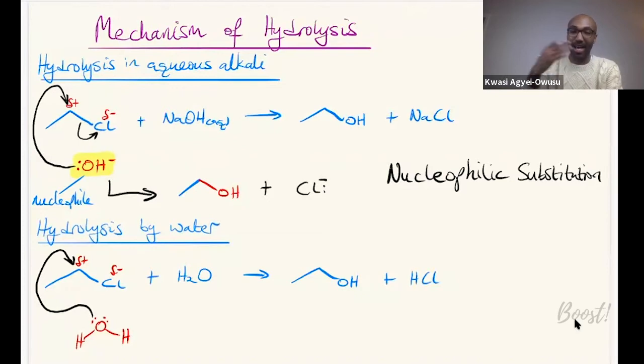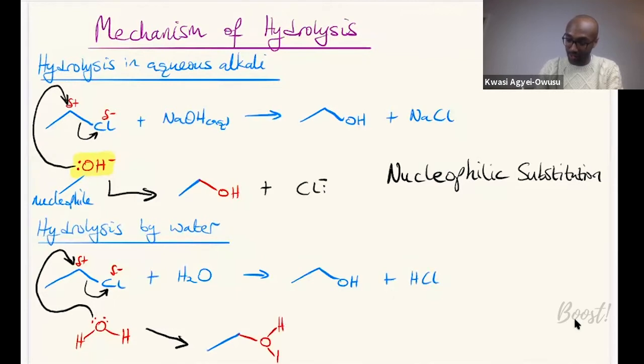And then, as usual, the C-Cl bond is going to break because the incoming electrons are going to repel the bonding pair of electrons in that bond and cause that bond to break, so that you now have a chloride ion as a byproduct. So if we draw the result of those two curly arrows, we now have a bond between the oxygen of water.